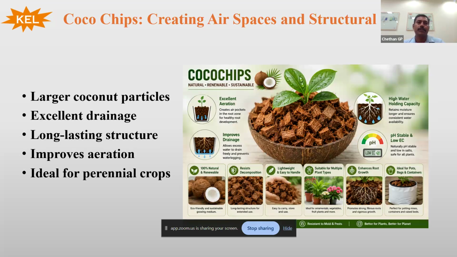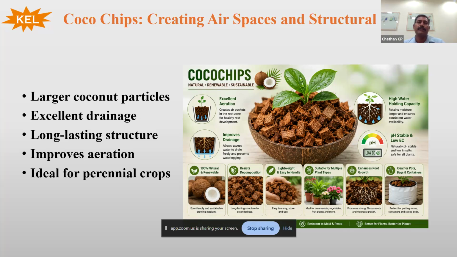Coco chips. Coco chips are produced by cutting coconut husk into coarser pieces rather than processing it into fine cocopeat. They have large particle sizes, creating macropores within the substrate. It significantly improves the drainage and air movement. Long duration crops require growing media that remain physically stable for many months.